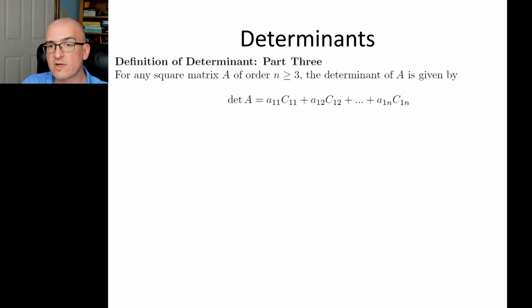You can calculate the determinant as the entry in the first row, first column, so A11, multiplied by cofactor C11, plus one entry over to the right, A12, multiplied by cofactor C12, plus the next entry to the right of that, A13, times cofactor C13. And you keep doing that until you finish off that row, until you have each element of that first row multiplied by the corresponding cofactor that pairs up with that element. You add up all those pieces, and that's going to be the determinant of the matrix.